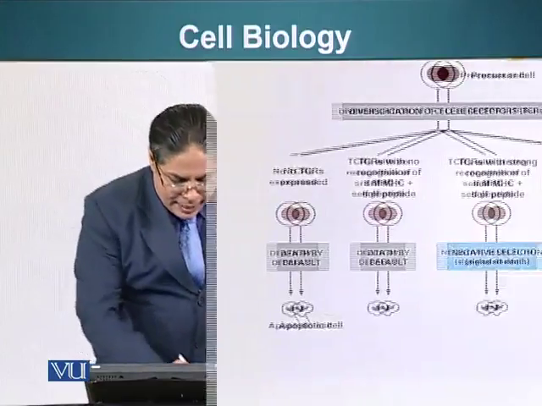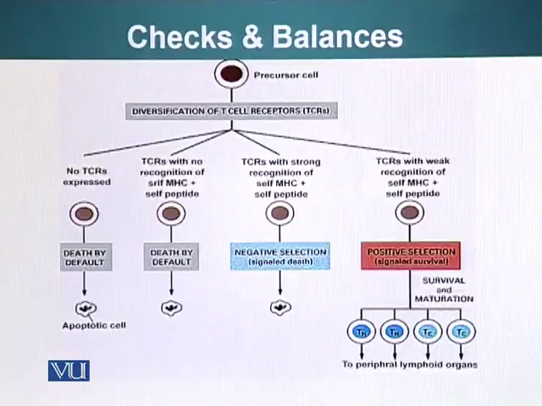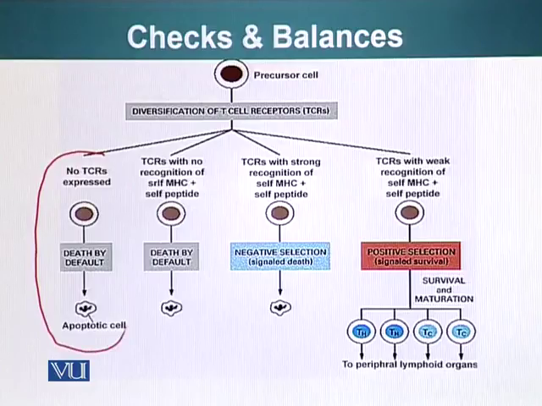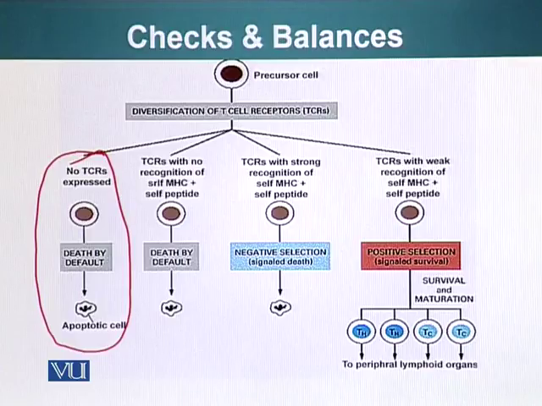So let's see how that happens. Basically, we don't want to keep useless T cells that are not going to do any useful work. So any T cell that does not express TCR is killed by default. Those T cells which fail to produce TCR are killed, so we don't have to keep them around, feed them and take care of them when they're completely useless.